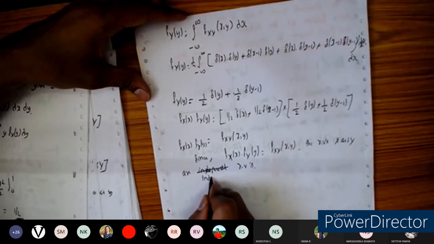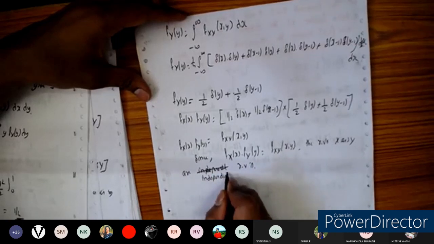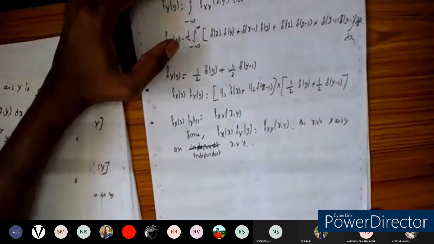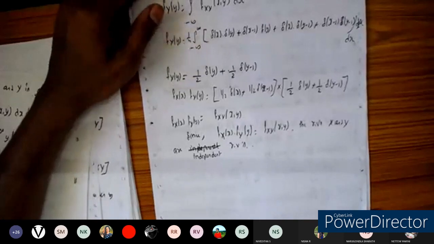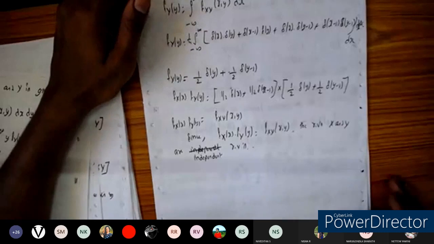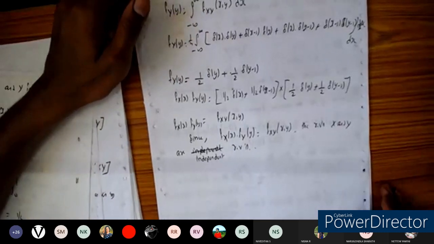So these two are independent random variables we can consider here. Done.